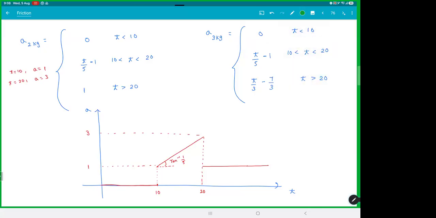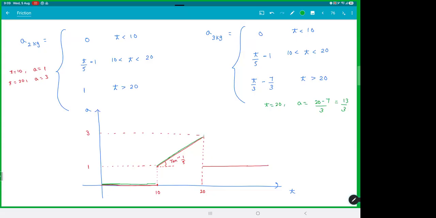The same way, if I draw for 3 kg, this will also be the same. It will follow the same story till here. Here, see, if I put t is equal to 20, this acceleration will be (20 minus 7) by 3, that is 13 by 3. If I put t is equal to 20 here, that you can clearly see is 3. 13 by 3 is definitely greater than 3.